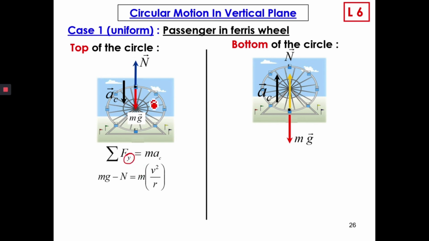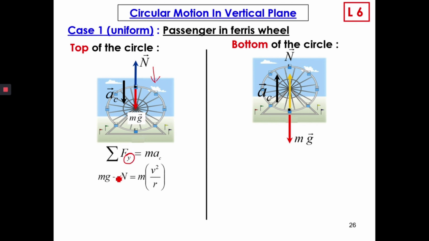At the top, your centripetal force is always directed towards the center, which is downward. So you take your downward force minus upward force.